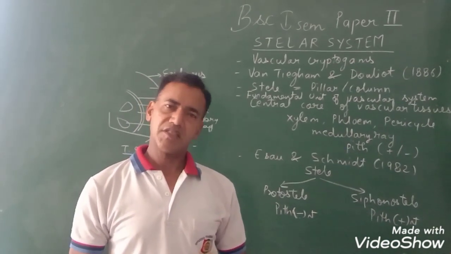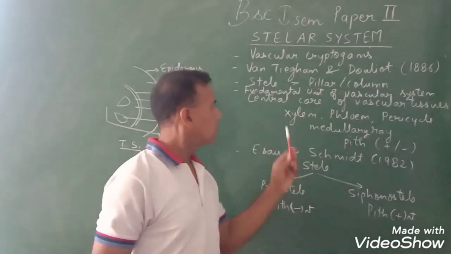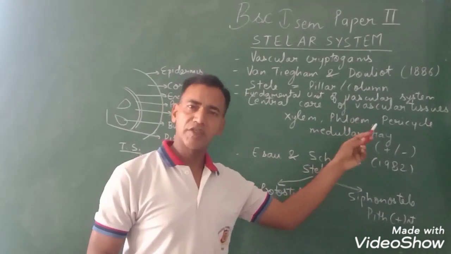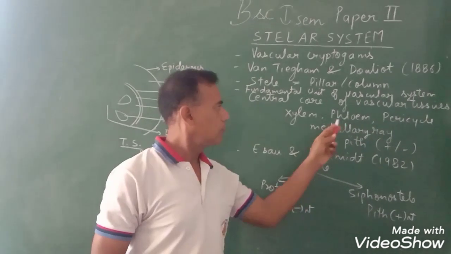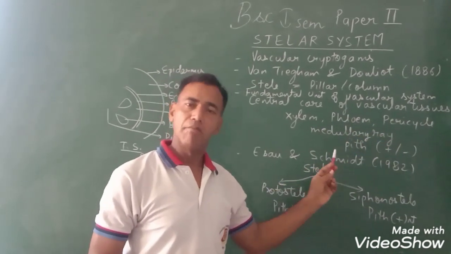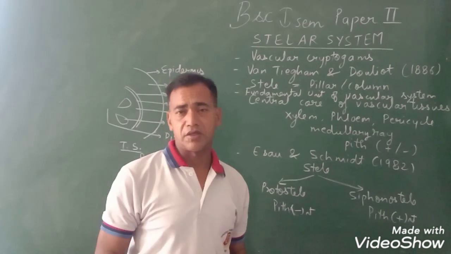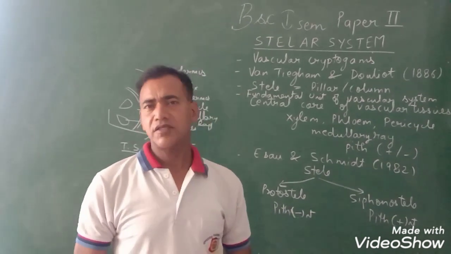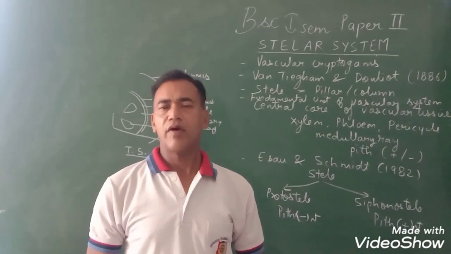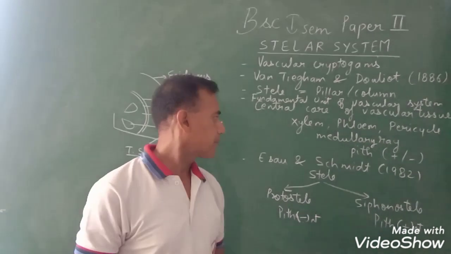We define stele as a central core or cylinder of vascular tissues consisting of xylem, phloem, pericycle, medullary ray and pith. Now in some plants pith is absent, while in others it is present.